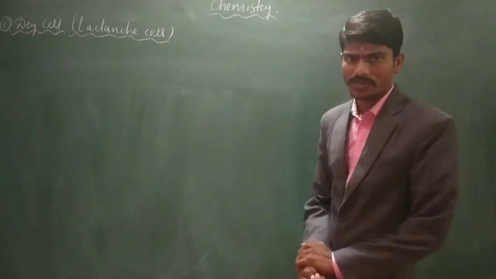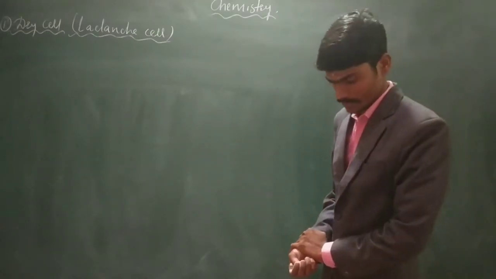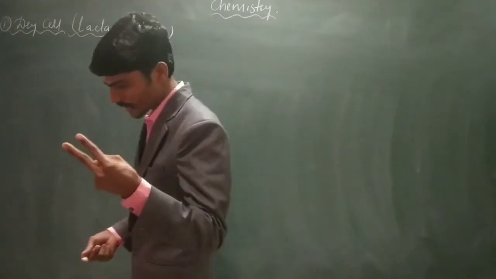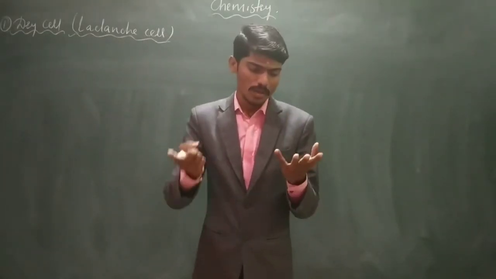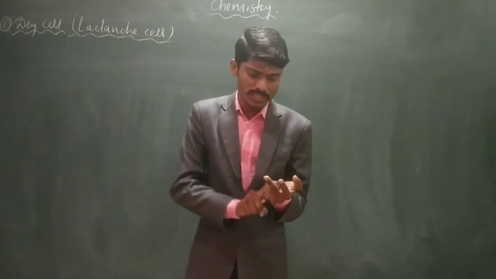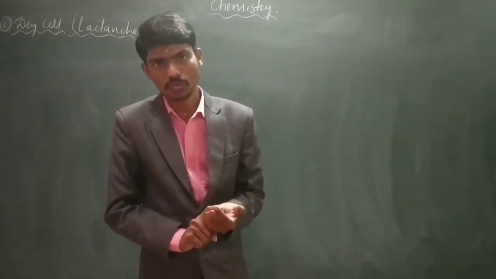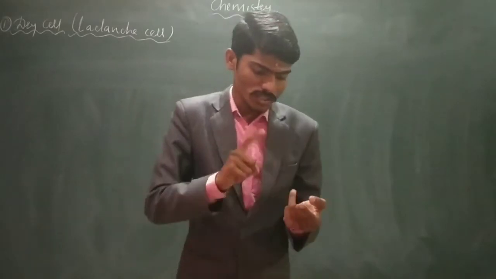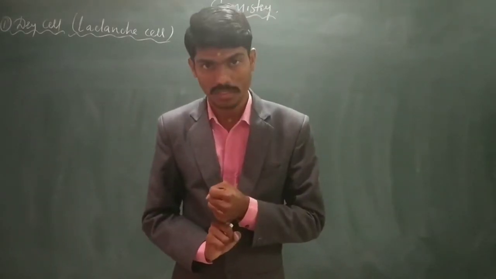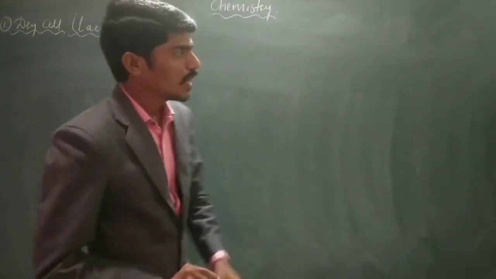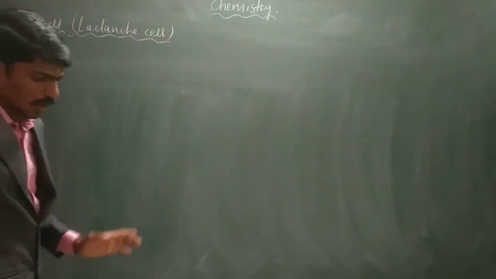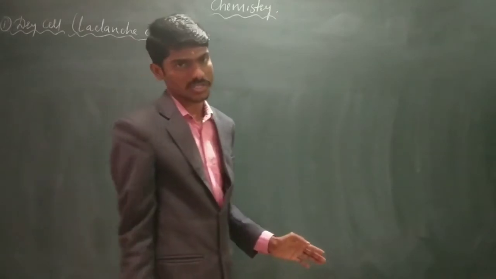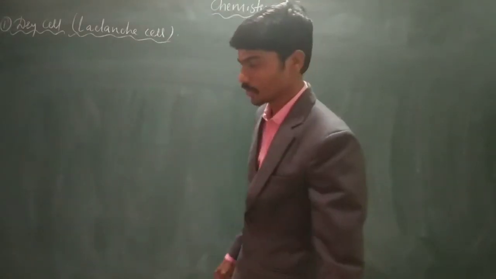Not only in this case, in all four cases, that is primary batteries and secondary batteries, there are two examples. In every case, we need to practice which one is anode, which one is cathode, which electrolyte is used, and what the anode reaction, cathode reaction and overall reactions are. Now let us come to the first one, dry cell. What is meant by dry cell? How is it constructed? What are the reactions? What is its voltage? We will look at that a bit.